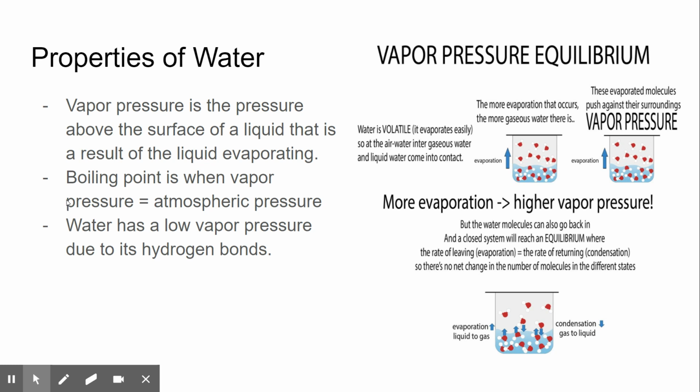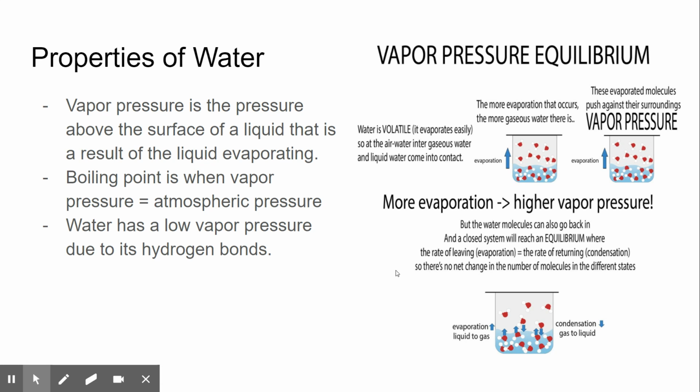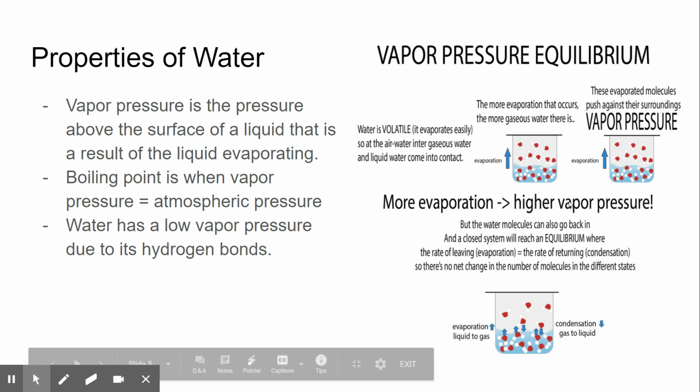When you heat something up, that increases the vapor pressure, and vapor pressure has to equal atmospheric pressure when something boils. So if it has a low vapor pressure to start with, we have to heat it up to make the vapor pressure higher and higher to make it boil. So we need to heat water up significantly to get it to boil.